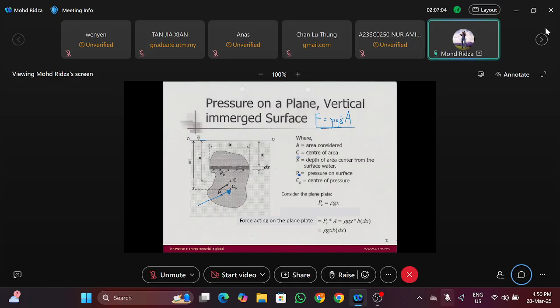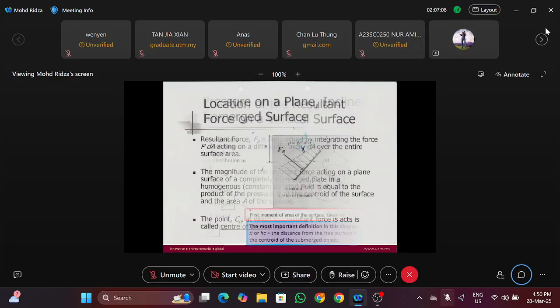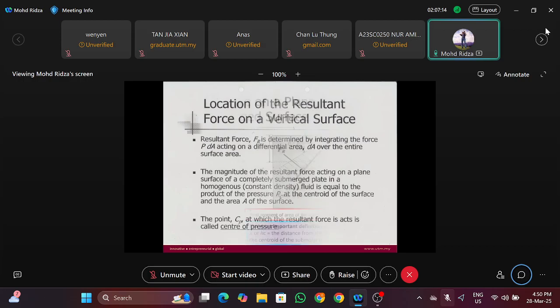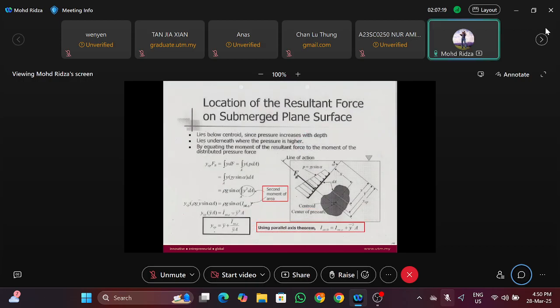So now we go to the next slide. This is the equation, the derivation. I'm not going to go through the derivation. So let's just go straight away. I'm going to skip this. If we have time, I will re-derive this during our physical class, not now.